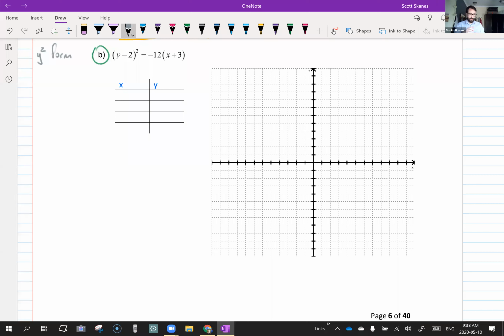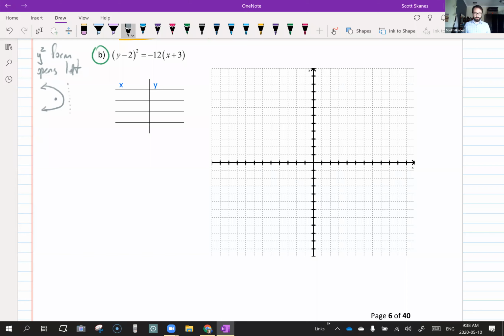It's all backwards, right? Y squared form, and the p value is going to be negative. It means it opens left. So it should look like this. And right away, that tells us that the focus is going to be inside and the directrix would be on the other side.